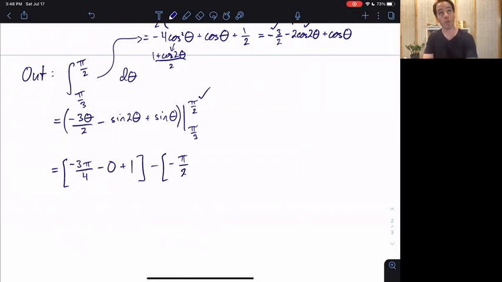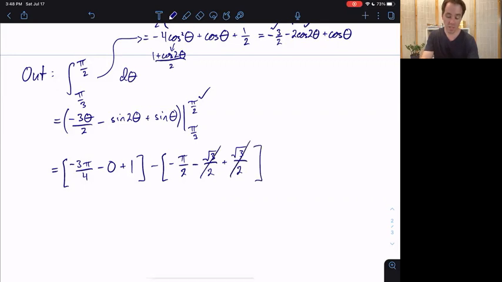Negative pi over 2 minus sine of 2 pi over 3. 2 pi over 3 means 120 degrees on the unit circle. That's going to have a sine of √3 over 2. So this is minus √3 over 2, and almost done, sine of pi over 3 is actually the very same √3 over 2. So these two end up going away, which is kind of nice.